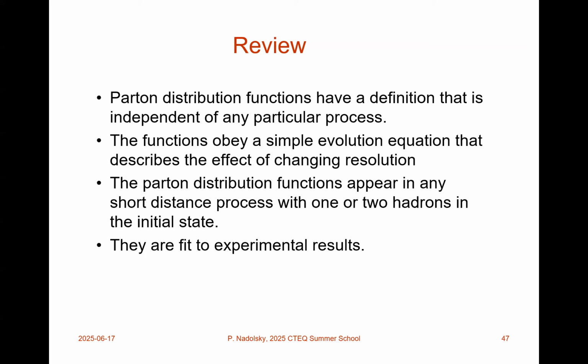This lecture described the simplest type of factorization, called collinear factorization. But if you have more complex observables, one of them being an observable that depends simultaneously on Q and QT, then you find that in some regions, to properly capture the effect of all-order radiation, you need to use a different kind of factorization.